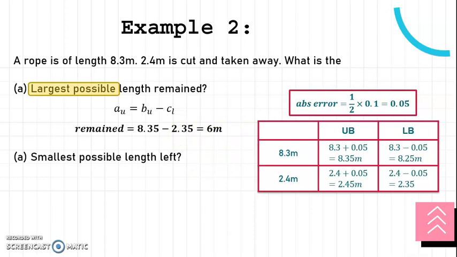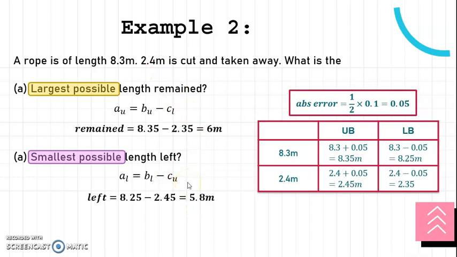Now the smallest possible length left: you have to use the lower bound of the first value subtract the upper bound of the second value. So you'll get your answer to be 5.8 meters. Okay, so that is example 2.